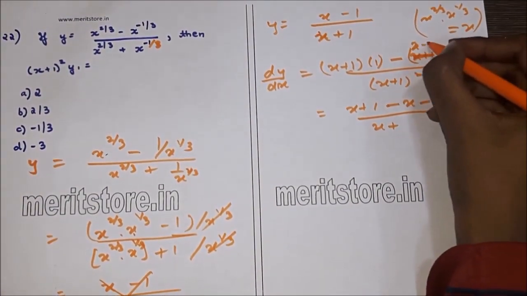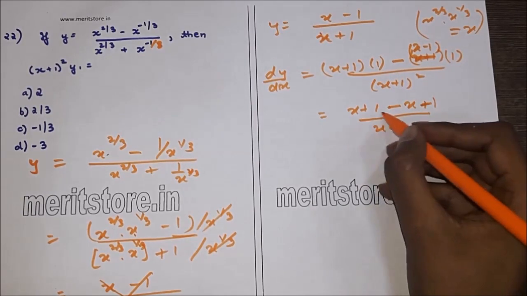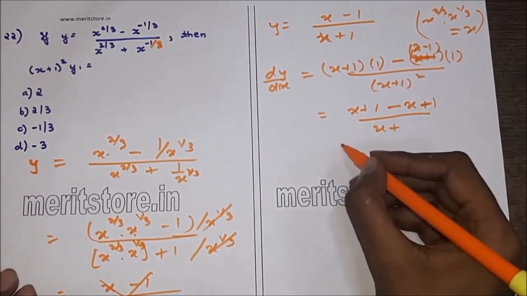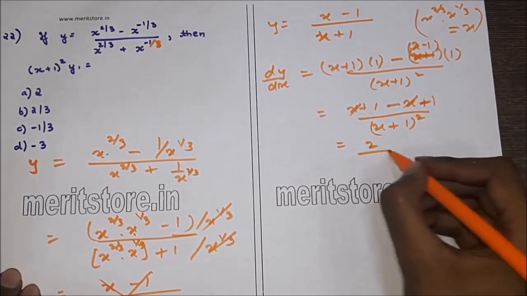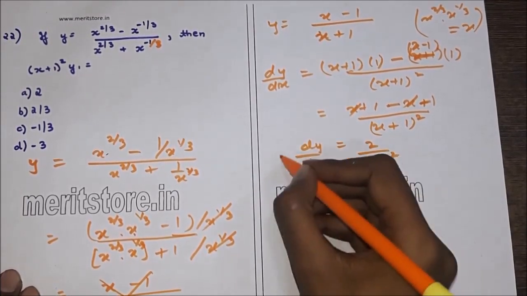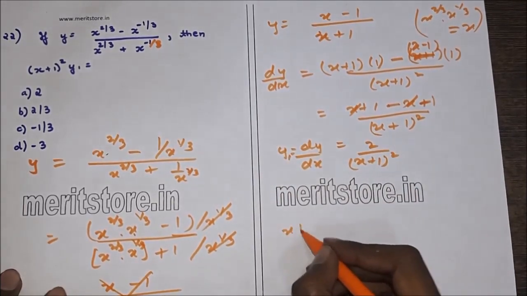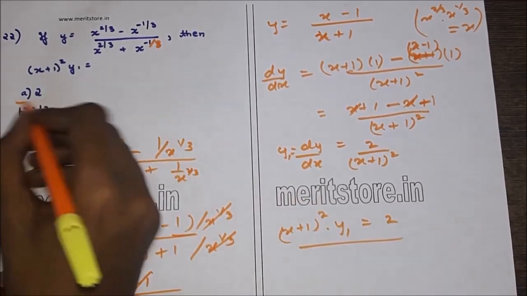This is x minus 1 since this is u. So this turns out to be x plus 1 minus x plus 1. So x gets cancelled. So this is 2 by x plus 1 the whole square. This is dy by dx, that is y1. So x plus 1 the whole square into y1 is 2, which is option A.